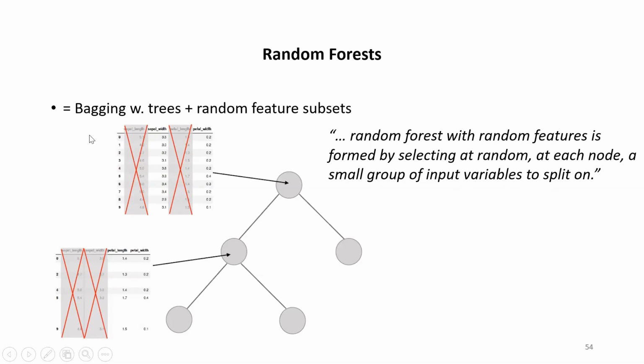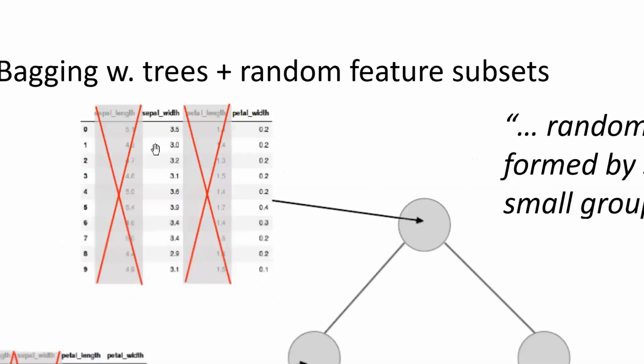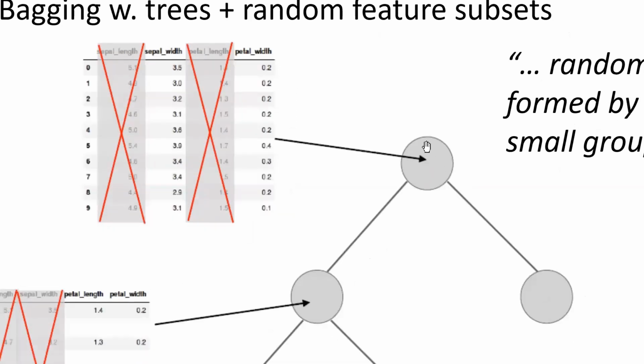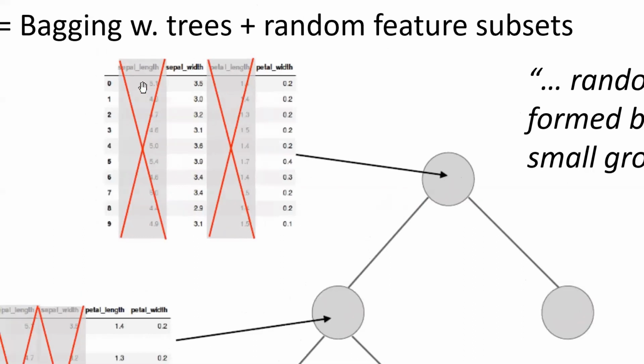What does it mean? It is all about bagging with respect to trees plus random feature subsets. I've taken one simple example here, guys. In bagging, we do not have the option of choosing these features randomly to select the decision tree nodes. What we normally do is we have features like sepal length, sepal width, petal length, and petal width.